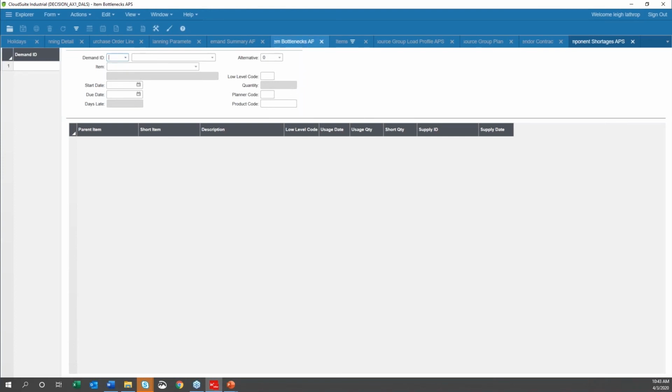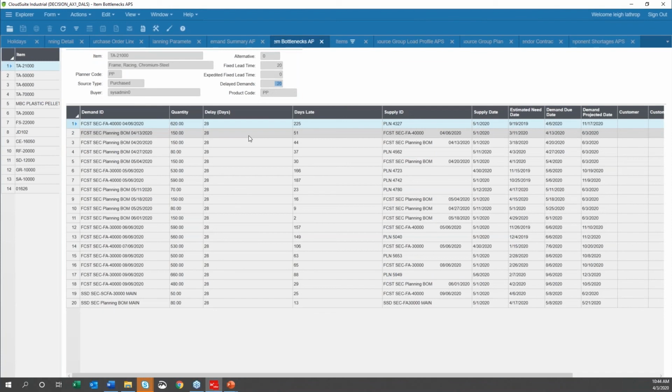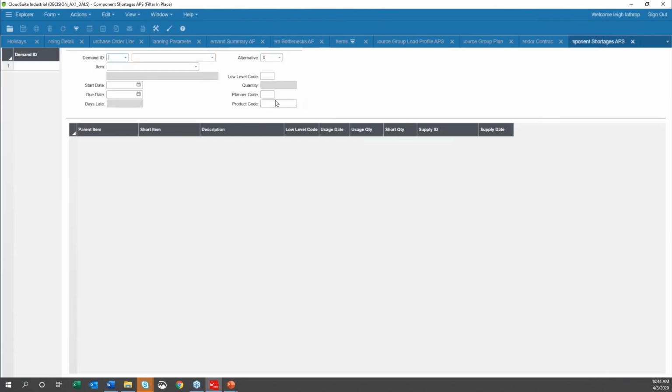Using this in conjunction with the item bottlenecks report, the item bottlenecks report can show me what demands are delayed because we're having trouble getting an item, right? And I like the ability from the item bottlenecks form to peg up for me. I like the ability of the component shortage form to peg down for me, right?